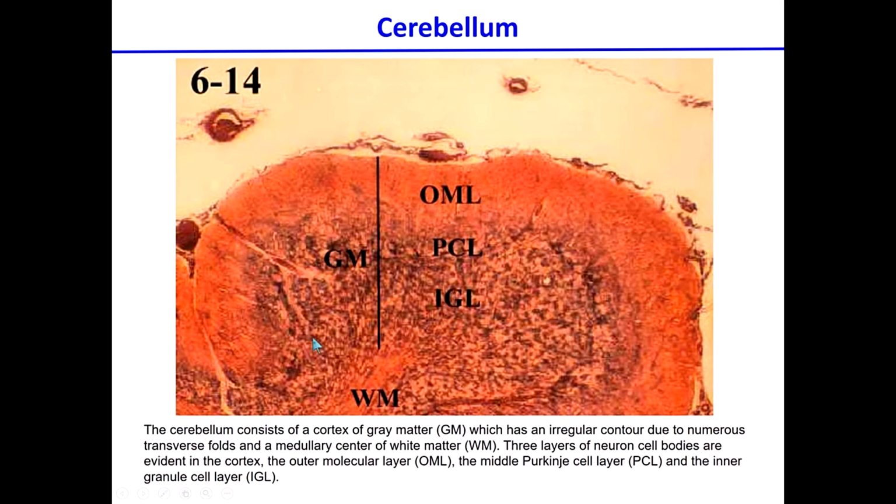Then this is the granular layer, and much smaller multipolar neurons form this very cellularly dense area, compared to the density of these other layers where there are more axons. The white matter is in the center again, and the gray matter is on the outside. These are the same kinds of layers we've been talking about in the lecture. Questions?